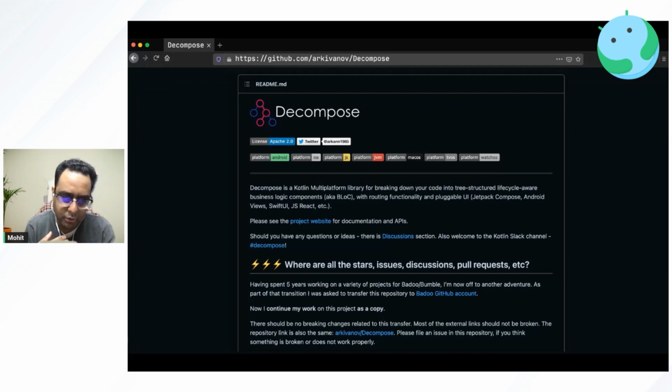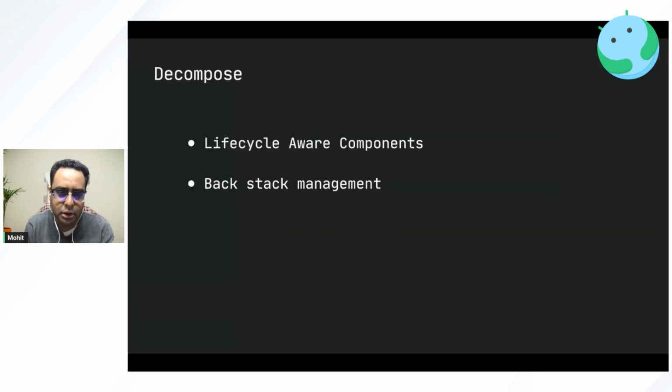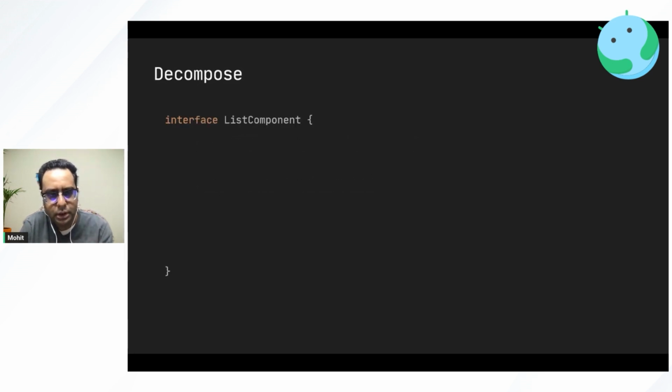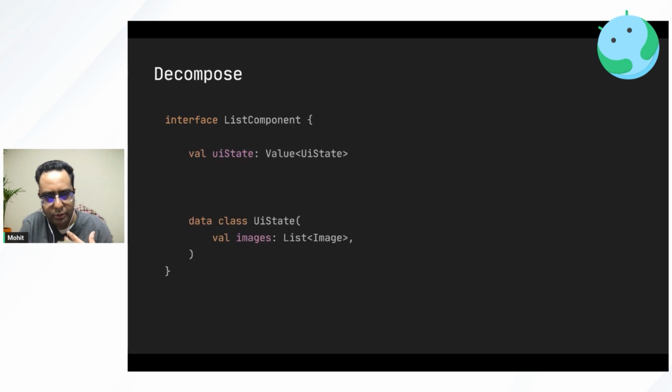And how would I utilize this in the example that I just showed? These are the two features that Decompose offers. When you're using this library, you define components that you provide to your composable functions. These components provide a value type, which is some form of UI state.